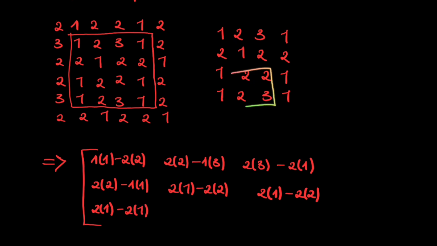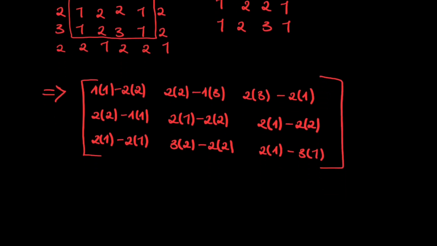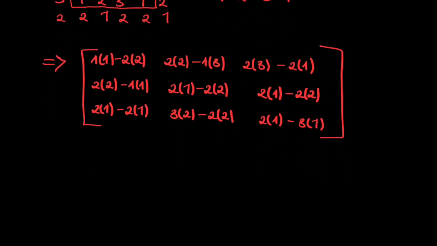We take the next 2: 3 times 2 minus 2 times 2. We go to the next: 2 times 1 minus 3 times 1. And that is all. Now we simplify each one in order.